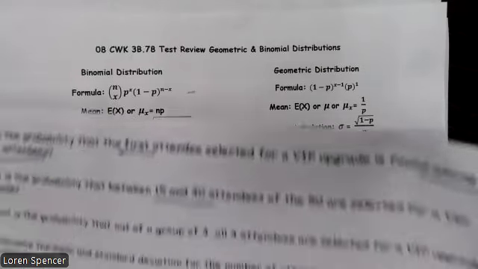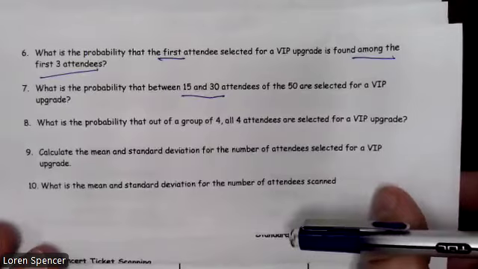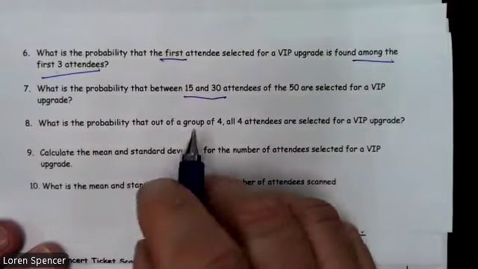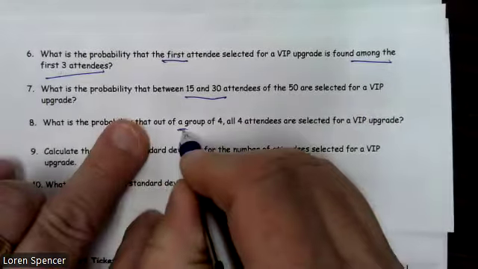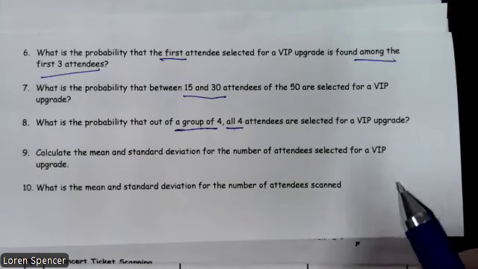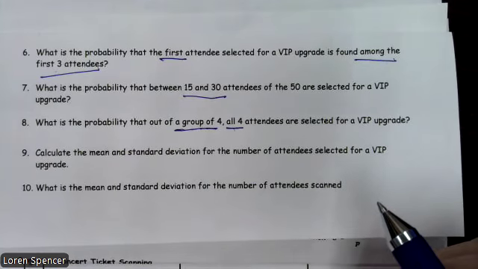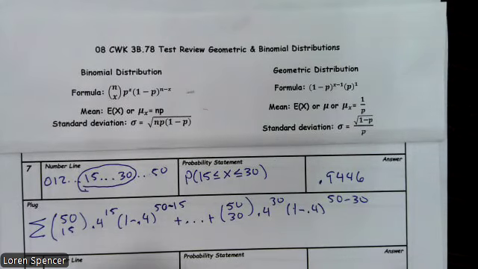All right. The next one, what is the probability that out of a group of 4, oh, we have a different group size this time, all 4 are selected for a VIP upgrade? Okay, so we have a group of 4, so this lets me know that we're working with a binomial. So my number line, in this case, starts at 0, 1, 2, 3, 4.